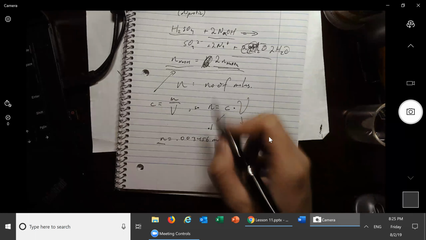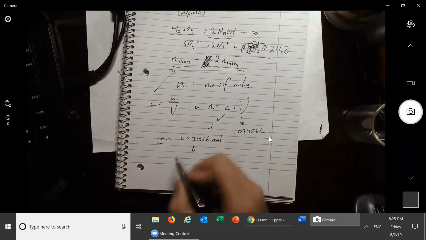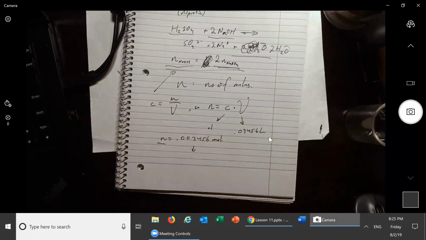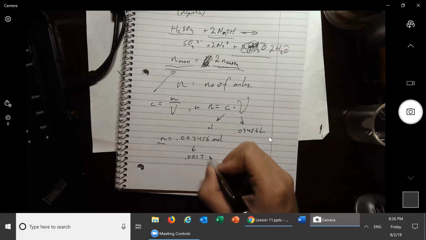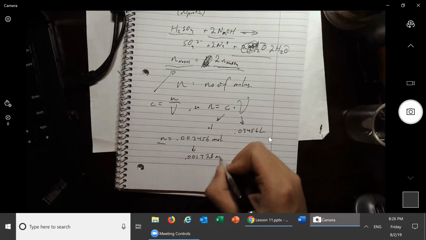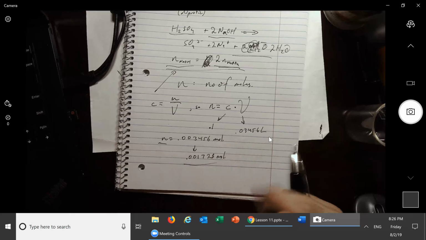So we simply divide this by 2 to get 0.001728 moles.